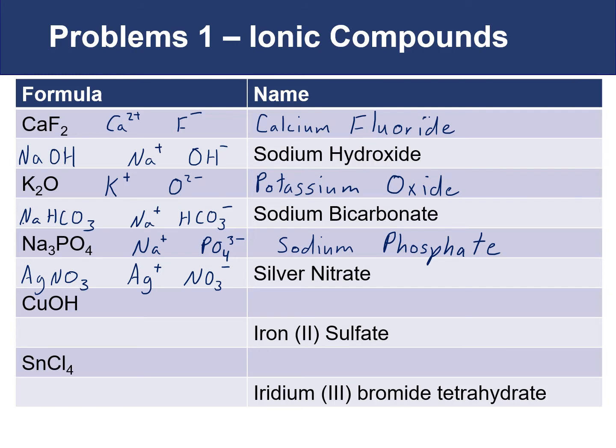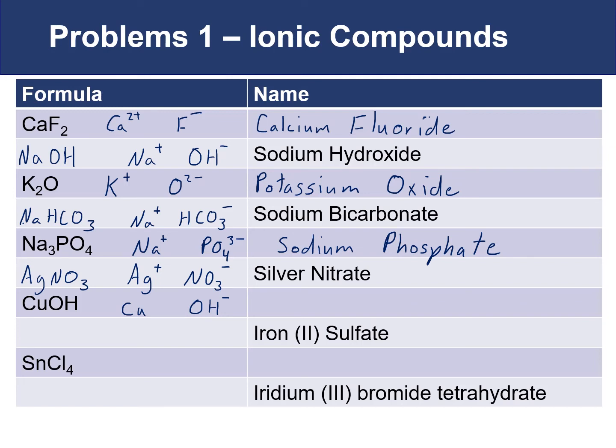Next one is copper. Copper is one of our transition metals that can take on multiple different charges. And so we need to first figure out what the charge on the copper is going to be. So we have Cu to some charge that we got to work out. And the hydroxide, our hydroxide ion is -1. Because there's only one of these, only one of the hydroxides, we can tell that because there's no parenthesis around it and no subscript.